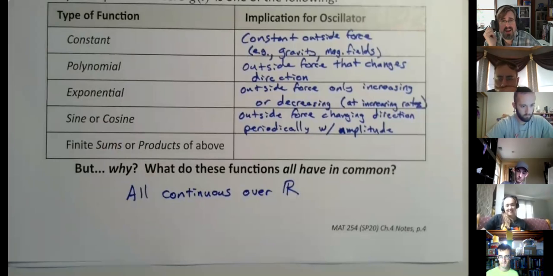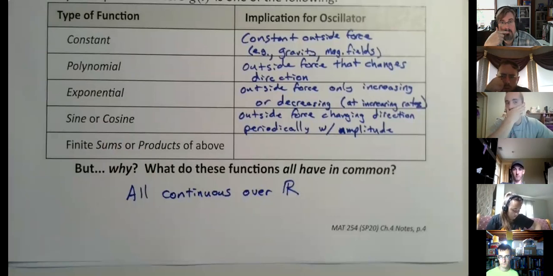What would happen if you had a tangent forcing function and the input for that tangent function was getting close to pi over 2? What would happen to the tangent forcing function? It'd blow up. You'd have a forcing function that approaches infinity. And that makes no sense in reality.